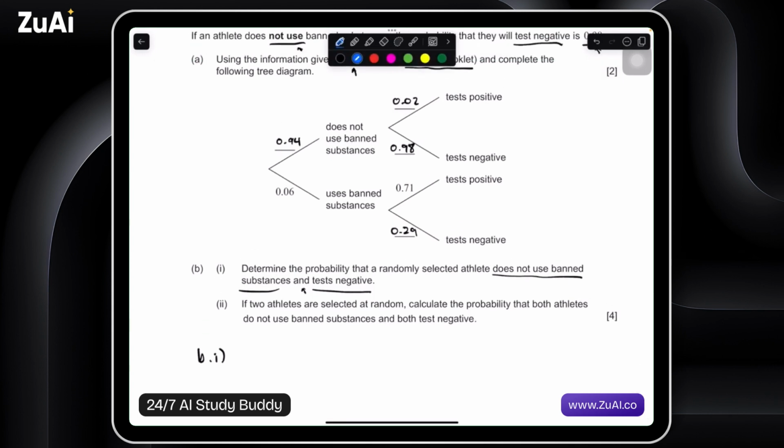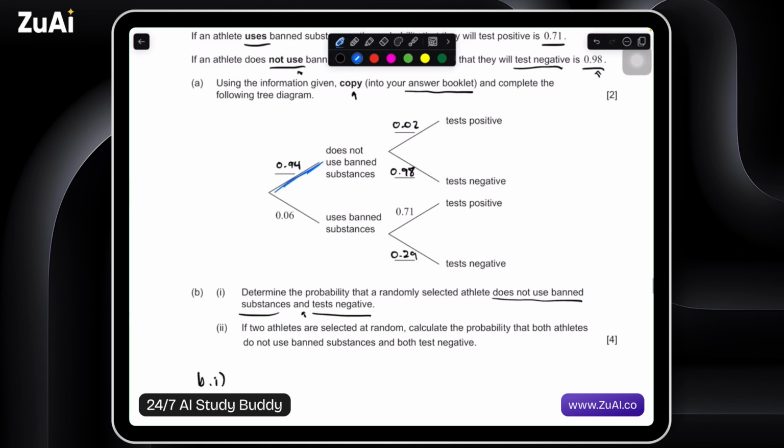So does not use banned substances and they test negative. So in this case it's going to be 0.94 times 0.98. And I'm going to work that out just in the calculator that I have beside me.